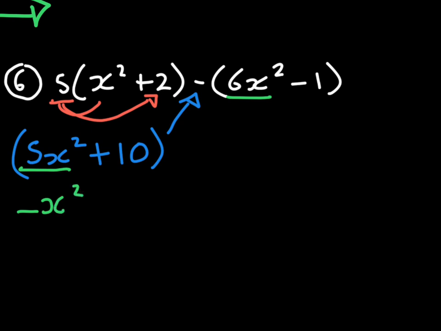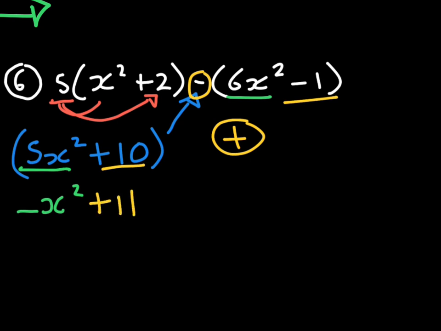And for the constants, we've got a 10 there, and we are minusing minus 1. And remember, when we minus a negative, it's the same as adding. So it is essentially saying 10 plus 1, and that gives us positive 11. And that is our final answer for question 6.